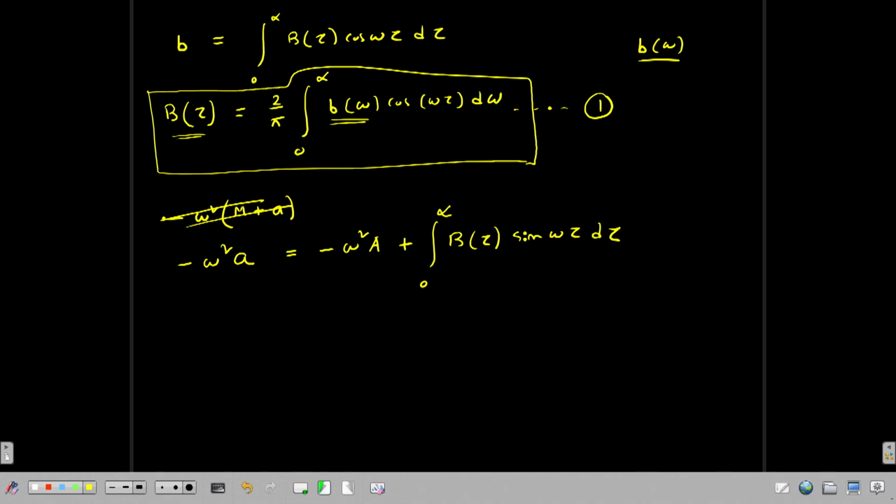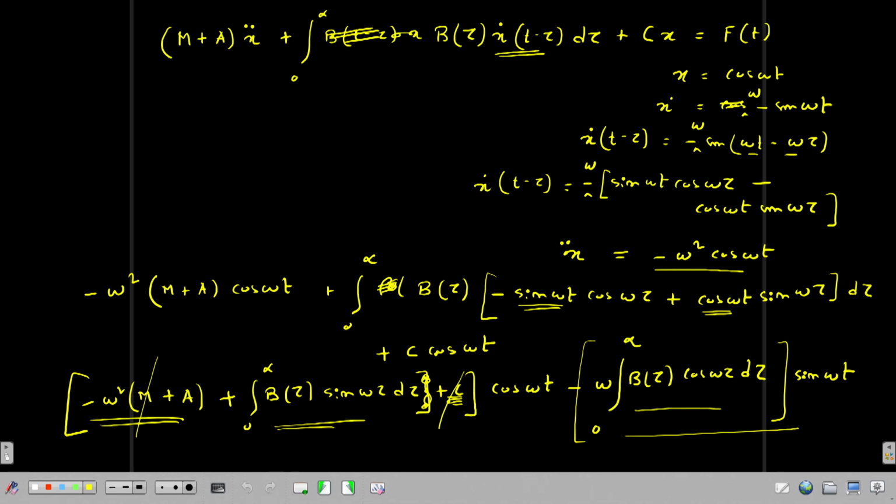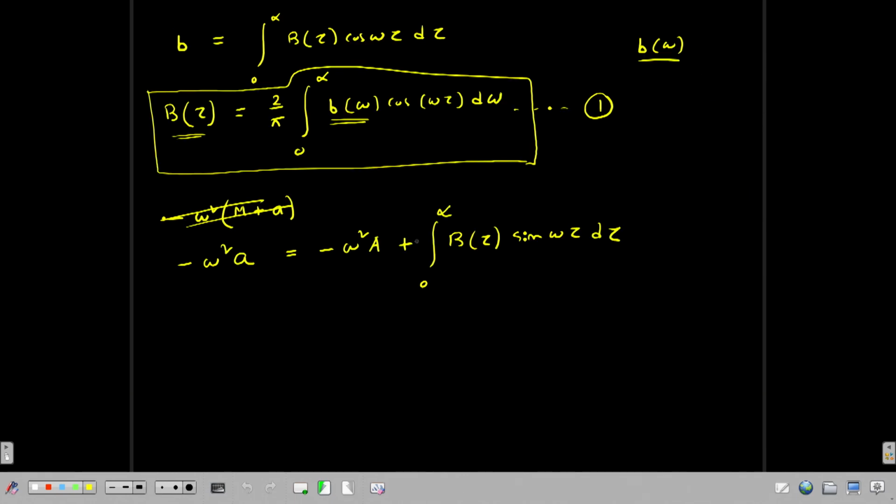Here probably I need to have one omega, because this second term is coming from the velocity. So, definitely I can have an omega over here, and I just divide by it. So, I will get small a equal to minus capital A plus 1 upon omega, 0 to infinity b tau sin of omega tau d tau.